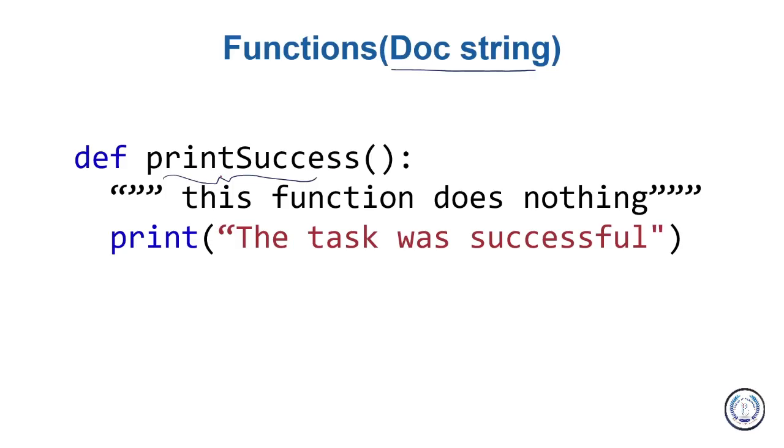Sometimes your function can contain a lot of code. For example, you have a particular function, let's say def fun, and it does a lot of complicated stuff inside, and it is sometimes required to know what this function actually is doing. So this docstring is one way of describing what the function is doing.